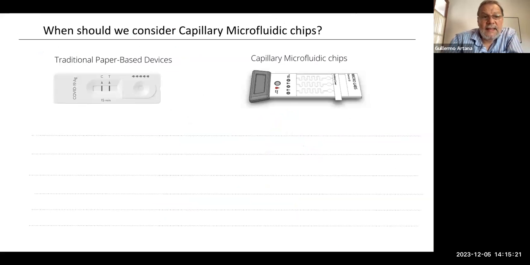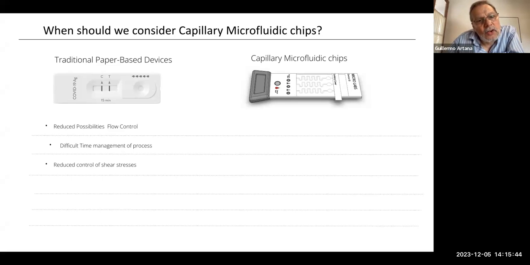So when should we consider capillary microfluidic chips instead of traditional paper-based devices? Or what is the advantage of capillary microfluidic chips against traditional paper-based devices? Well, I would say that they are not in opposition, but complementary.